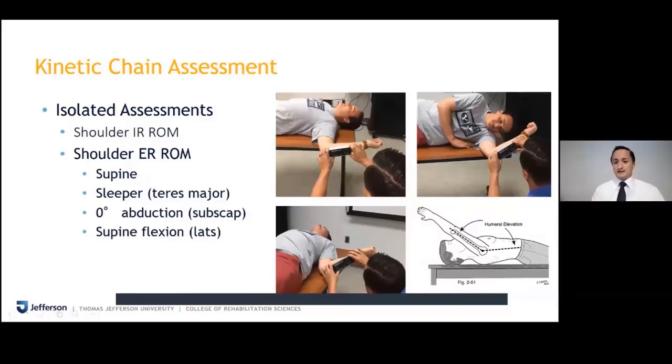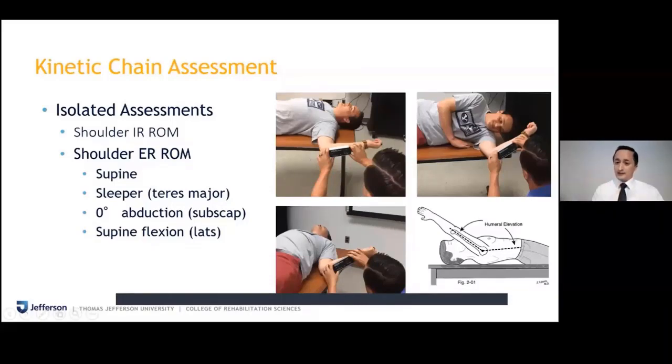So I usually stabilize the scapula. This is just for picture's sake. I wasn't able to have somebody there stabilizing it. So I want the scapula not to move, but I'll move them and I'll look at external rotation. Then I'll put them in a sleeper position, so lying on the side here, and move them into external.